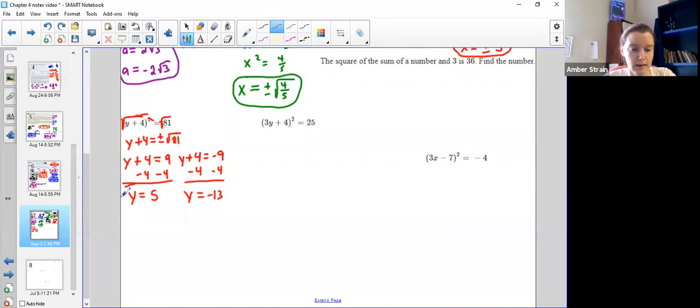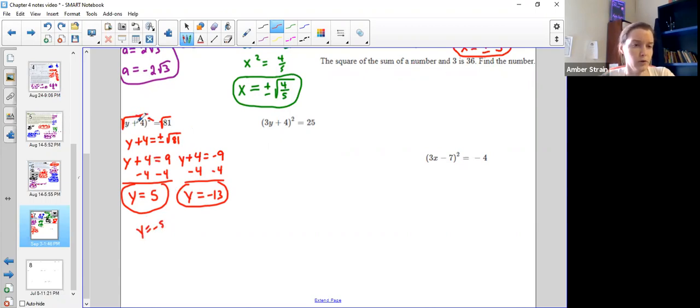That might seem weird. It might seem like it should have been plus or minus 5. So let's look real quick. Remember that you can check your answer for any algebra problem by plugging it in. 5 plus 4 would make 9. 9 squared is 81. So that one works out. This is the one that seems a little sneakier. It seems like maybe it should have been a minus 5, but let's look at that real quick.